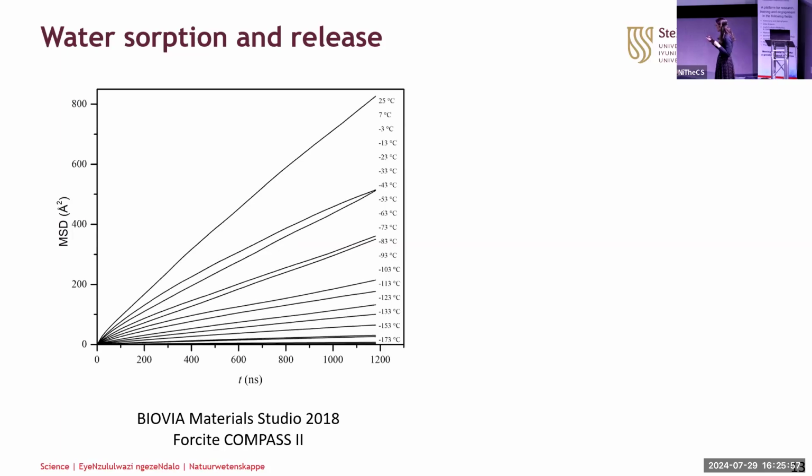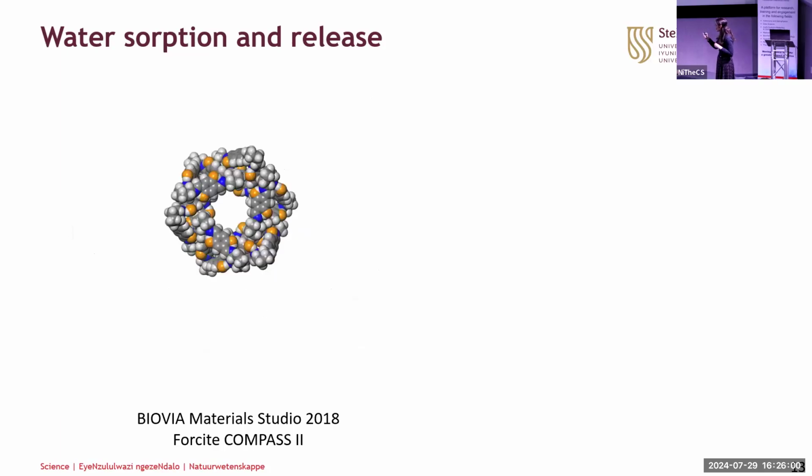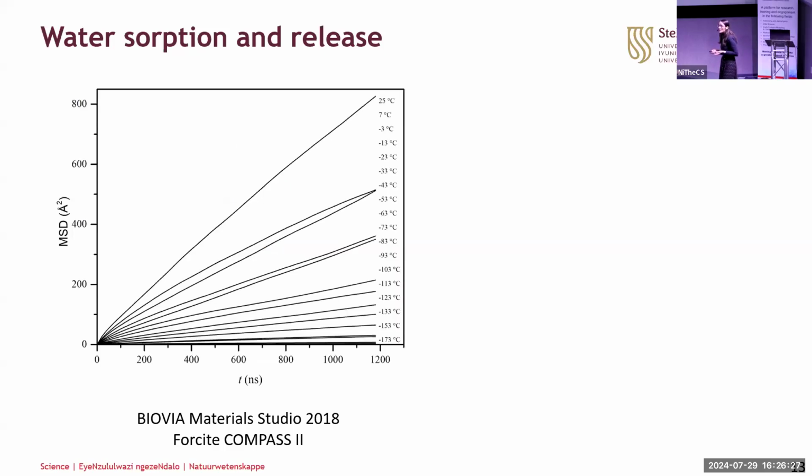So what he did was he filled up computationally a channel like this with the same amount of water as we know is in there experimentally from the experiments that I showed you earlier. And then he ran some molecular dynamics studies, and he looked at how much the water would move from where it started over a period of time.